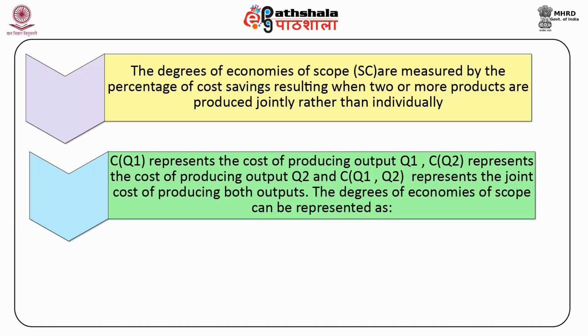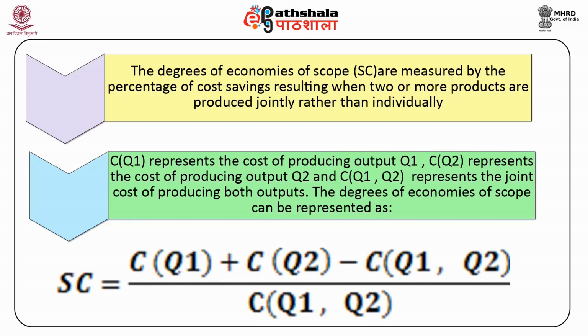C(Q2) represents the cost of producing output Q2, and C(Q1, Q2) represents the joint cost of producing both outputs. The degrees of economies of scope can be represented as SC equals C(Q1) plus C(Q2) minus C(Q1, Q2), divided by C(Q1, Q2).